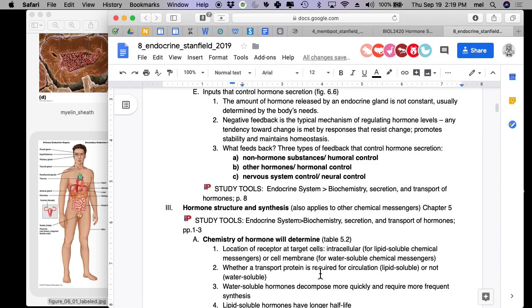And then, just to make sure it's really responsive, it's also going to have negative feedback inhibition on the anterior pituitary. So what you will see happening here is as soon as you have a whole bunch of testosterone, it decreases the secretion of GnRH and LH, right? Then your testosterone level will fall, and then you're not going to feed back, and then your testosterone will go back up, and then it'll go back down.